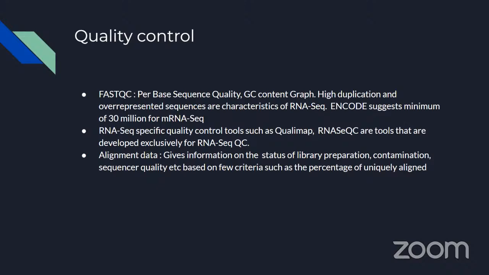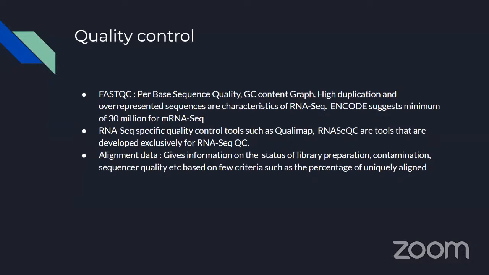The idea is that when you look at the graph of GC content, the percentage of reads that have a given percentage of GC content, if it is a bimodal curve, so you have a peak at 10% and a peak at 90%, that would clearly say that there is adapter contamination. It's a lot of reads with 10% GC, and then a lot of reads with 90% GC content in their sequences.